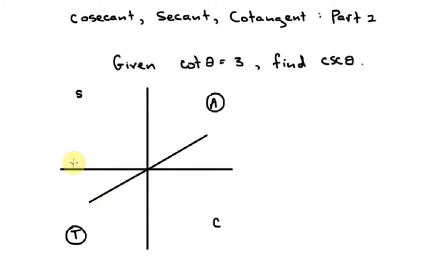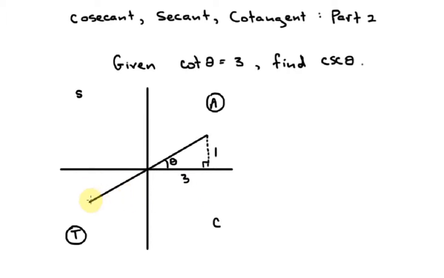So if I construct a little triangle now, let's start with this one here, and this would be theta. The information they've provided says the cotangent would be 3, and that means the adjacent side would be 3 and the opposite side would be 1.